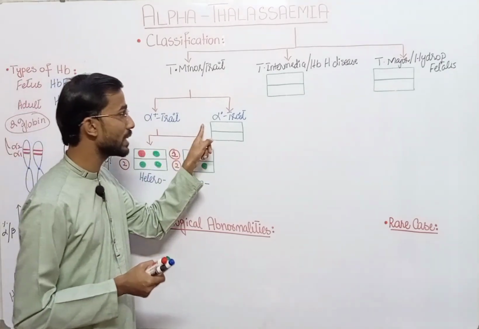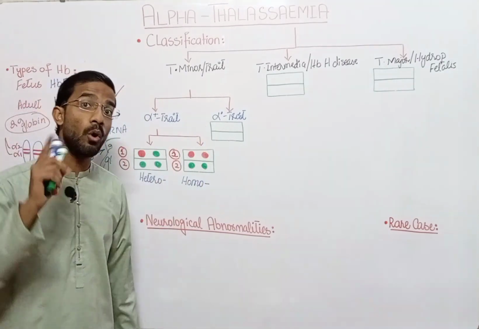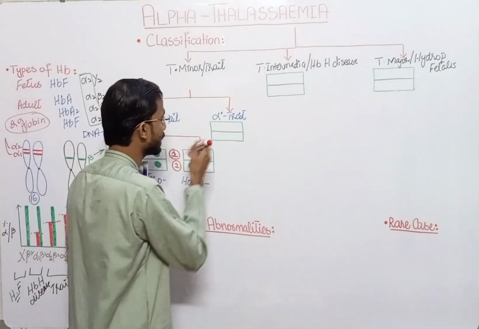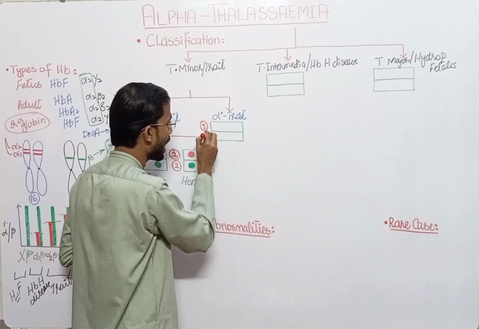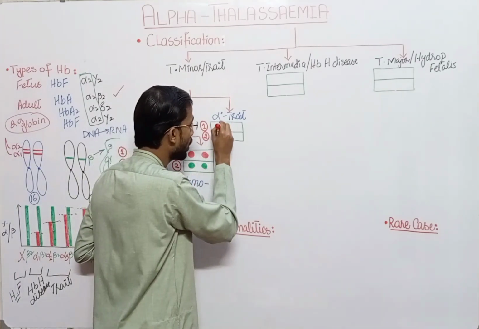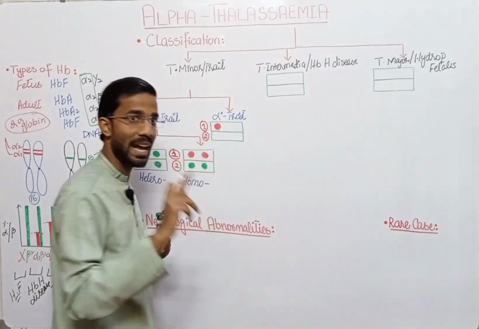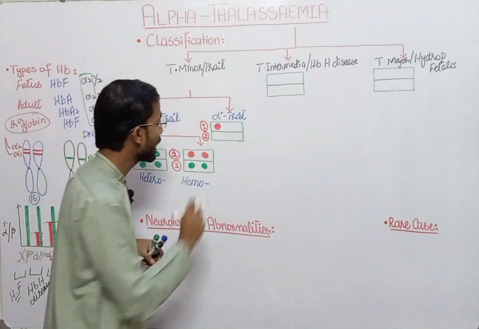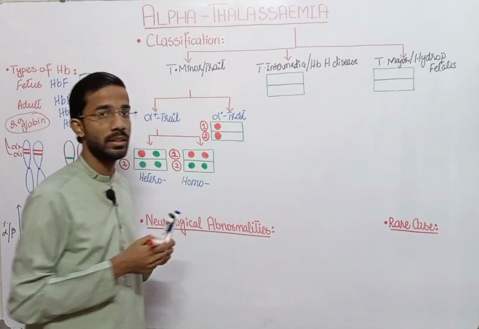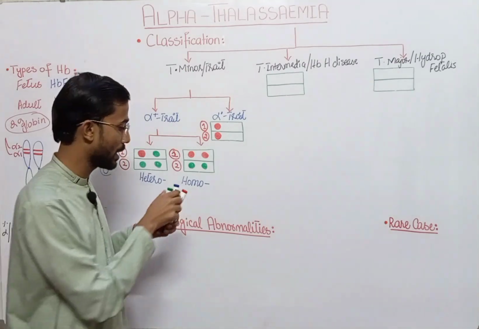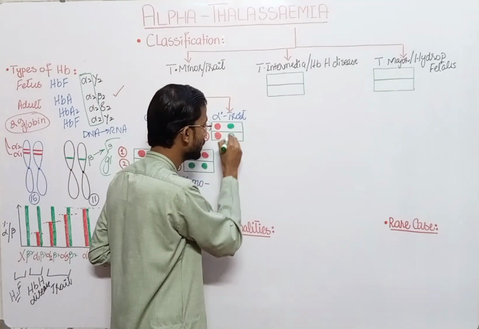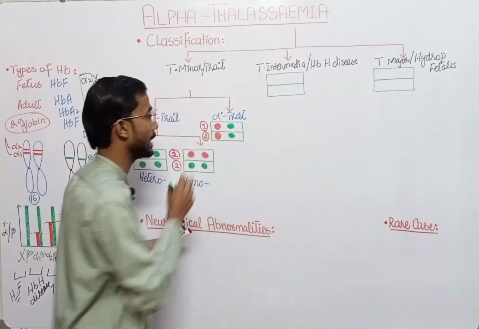If we move toward the alpha not trait, in which both the genes should be defective. In this case, you see there is the alpha 1 gene and this is the alpha 2 gene. Alpha 1 gene has one defective allele. Alpha 2 gene again has another defective allele. And they also have a normal allele in it.